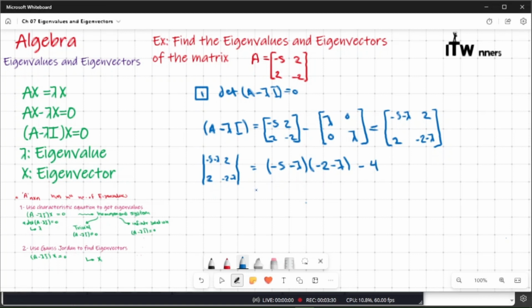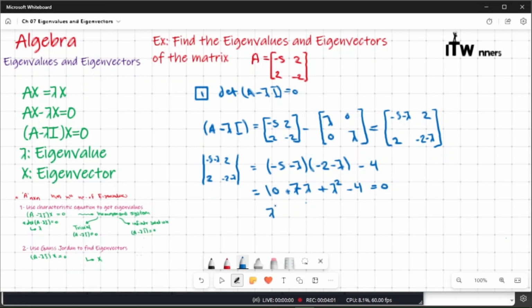So we have 10 plus 7 lambda plus lambda square minus 4 equal to 0.